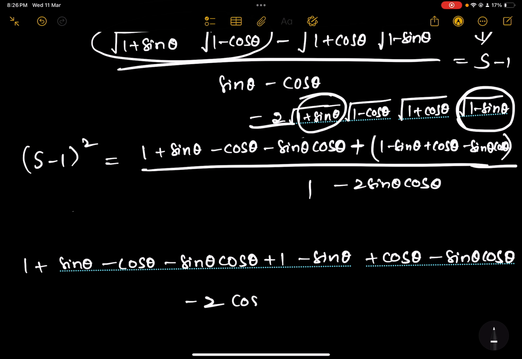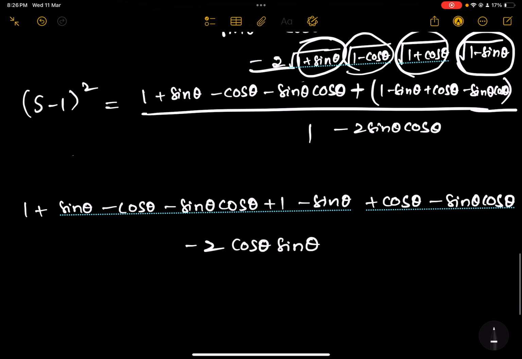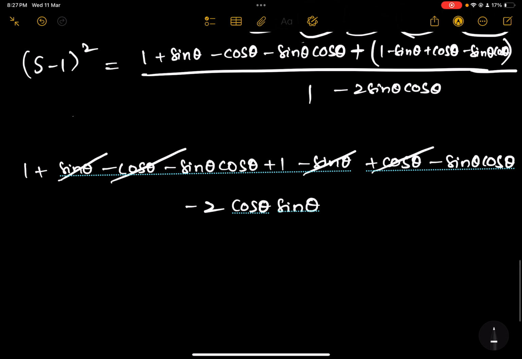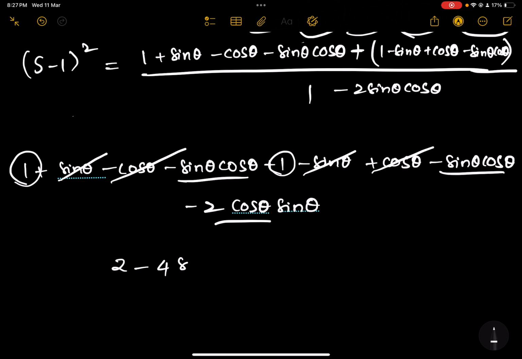So that will simply give you cos theta. Similarly, these two terms will give you sine theta. So now in the numerator, if you see, this and this gets cancelled, this and this gets cancelled, and what you have here is 1 plus 1, which is your 2, and this is minus minus minus. So minus 4 sine theta cos theta.